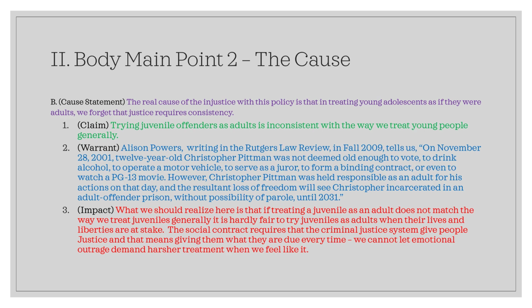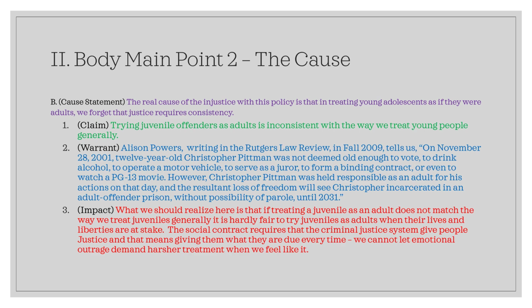However, Christopher Pittman was held responsible as an adult for his actions on that day, and the resultant loss of freedom will see Christopher incarcerated as an adult in an adult offender prison without possibility of parole until 2031.